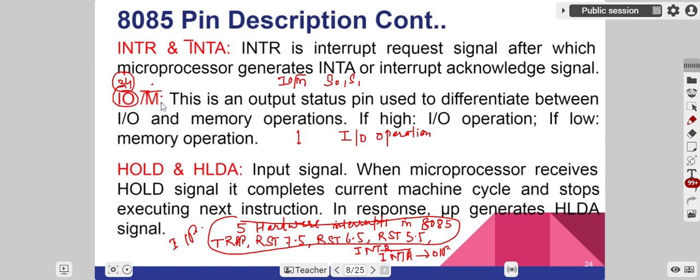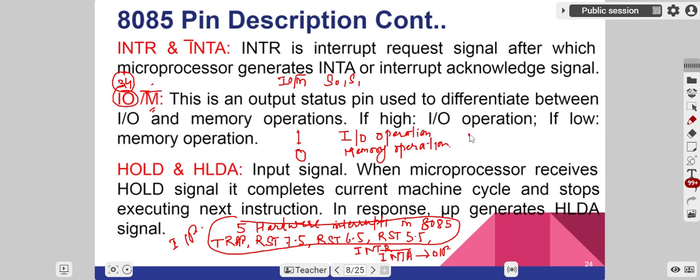On the other hand, if there is zero on this pin number 34, what does it mean? Zero means active low, और active low कौन सा signal है? That is M bar. It means that the microprocessor is performing some memory operation.